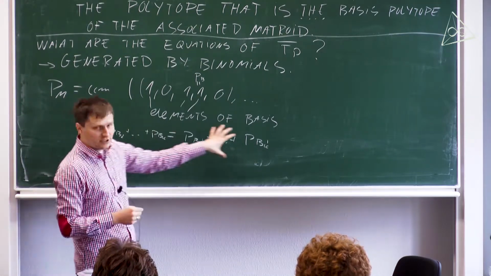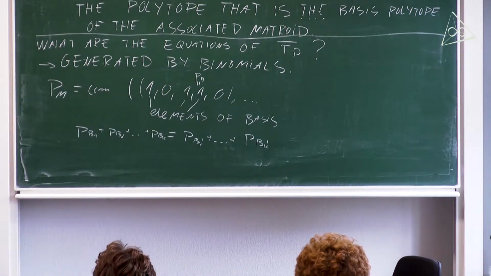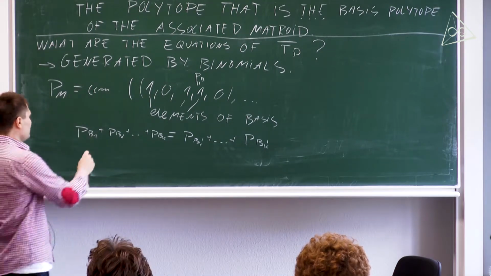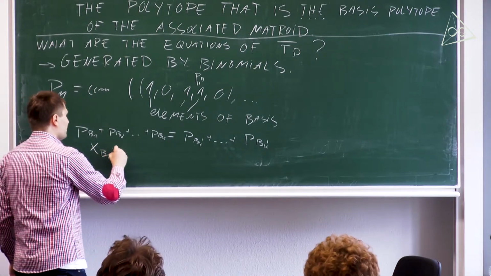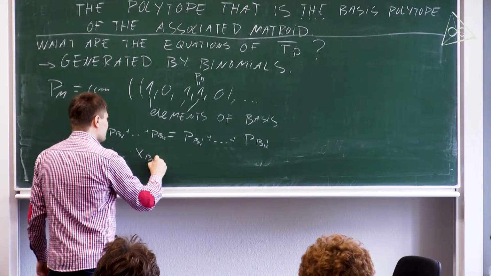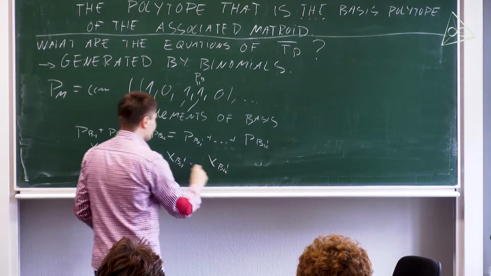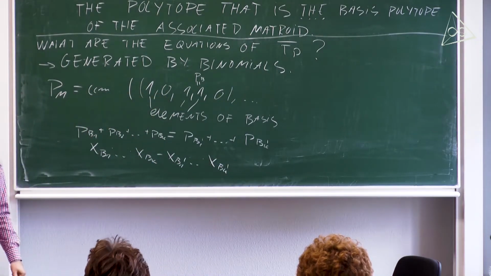And when this equality holds, what does this mean? It definitely holds when it has a permutation, but this is not interesting because we will translate it to a binomial xB1 times ... xBK minus xB1 prime times ... xBK prime. So if this is a permutation, this binomial would be 0.